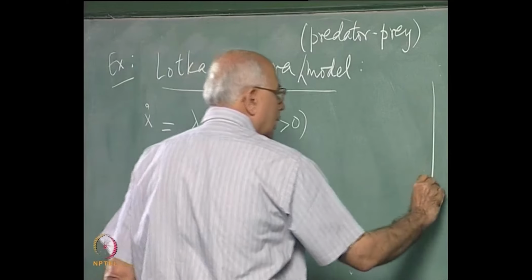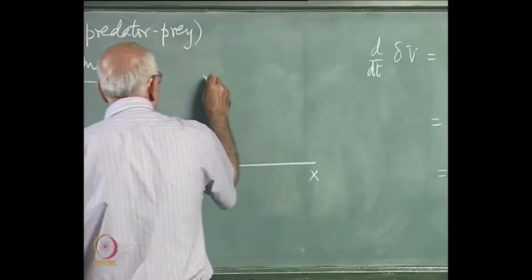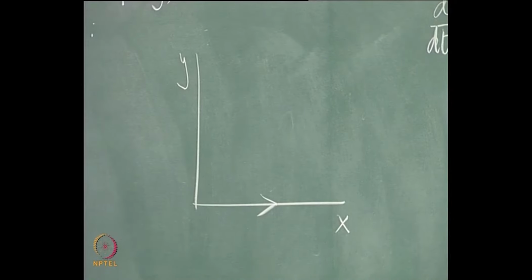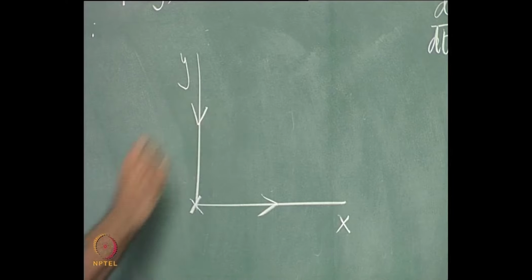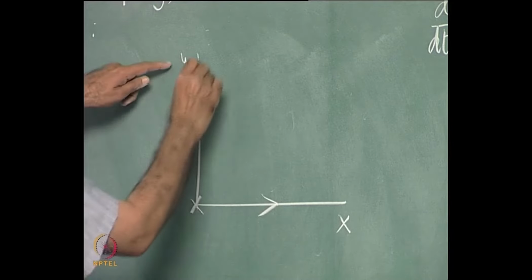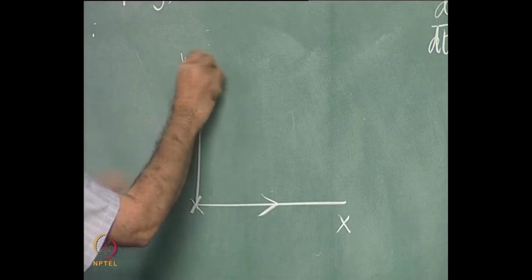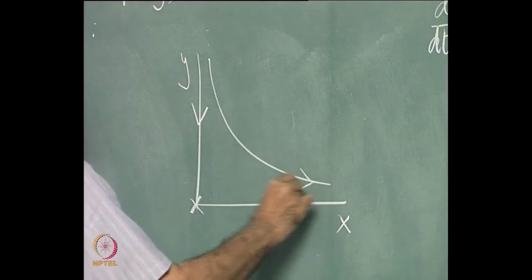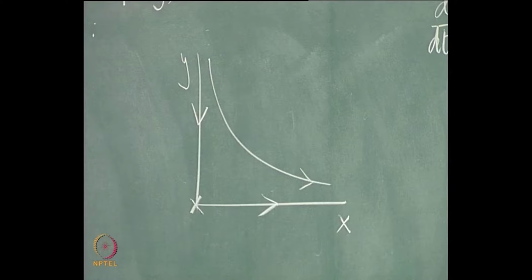And what this looks like in the xy plane is a flow line of this kind, this is a critical point, and there is a flow line which goes down like this, and you would say this is exactly what you expect of a saddle point, because if you start with a population of foxes here and a population of rabbits of this kind, the rabbits would increase in population and the foxes would decay, and this is what the flow lines would do.